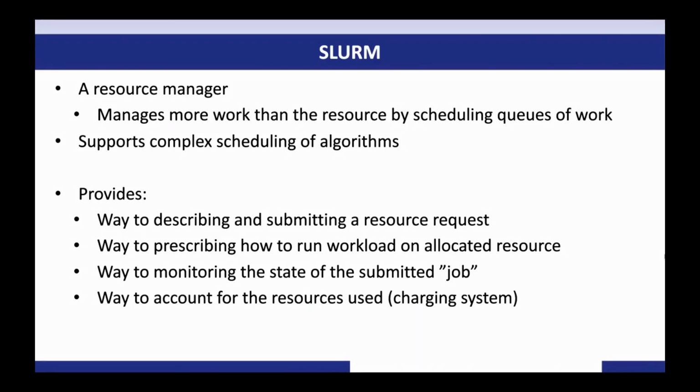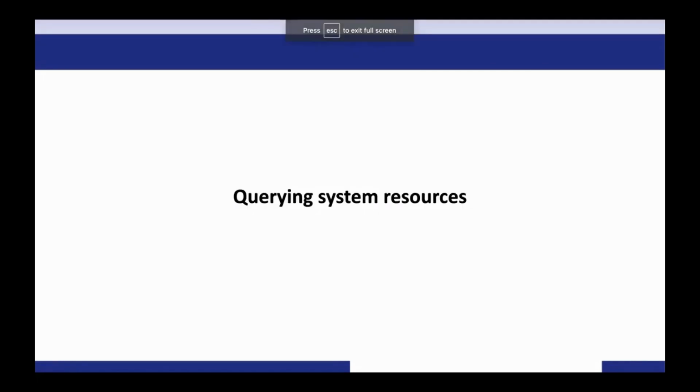Slurm provides a means of describing and submitting a resource request, configuring the use of allocatable resources to match the capability of the user's application, a means of monitoring the job status, and accounting the use of allocated resources.